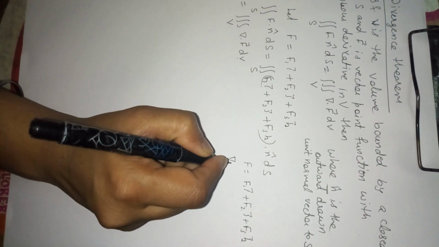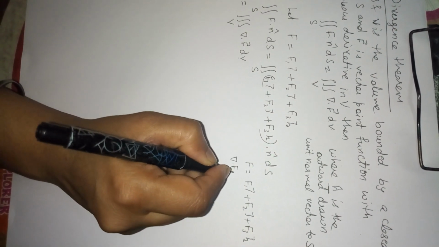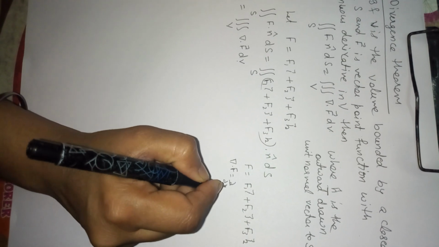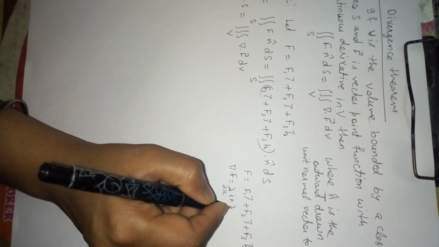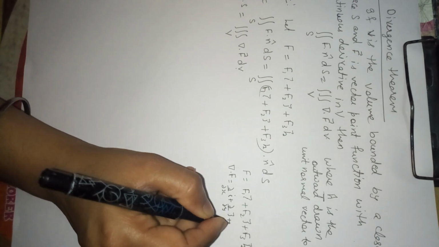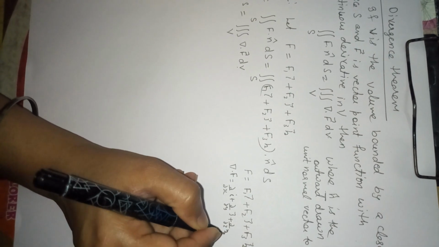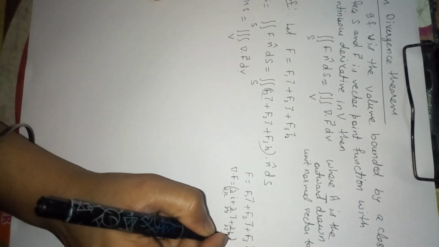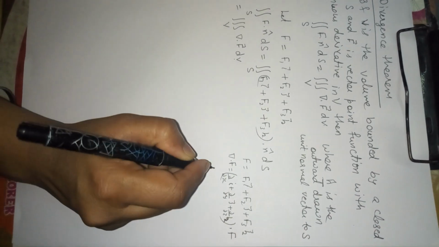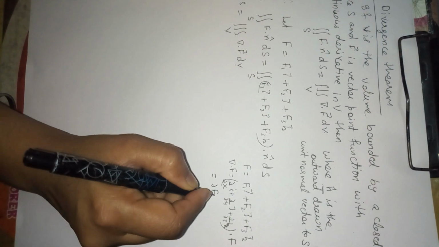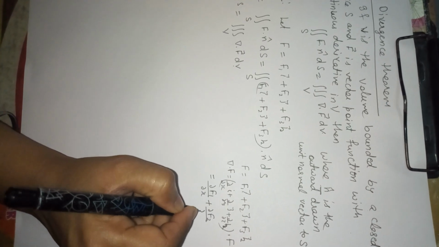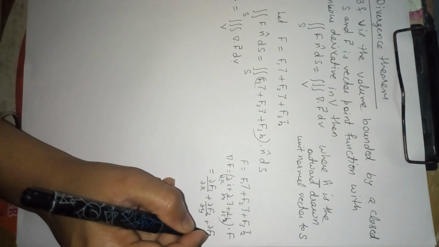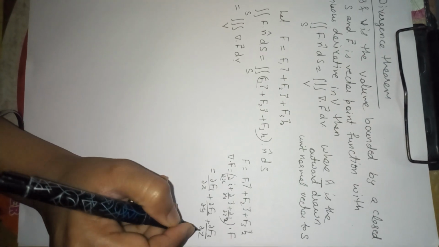So del dot F is equal to (del/del x i plus del/del y j plus del/del z k) dot F, and this gives us del F1/del x plus del F2/del y plus del F3/del z.